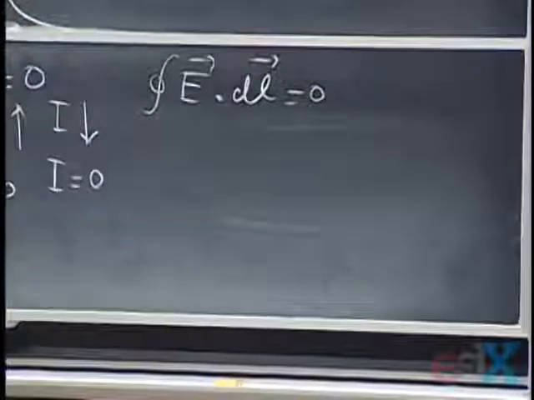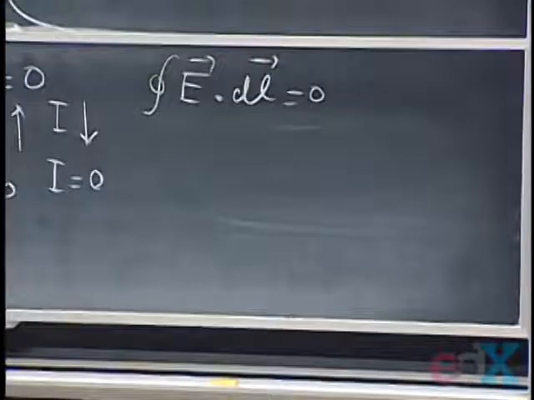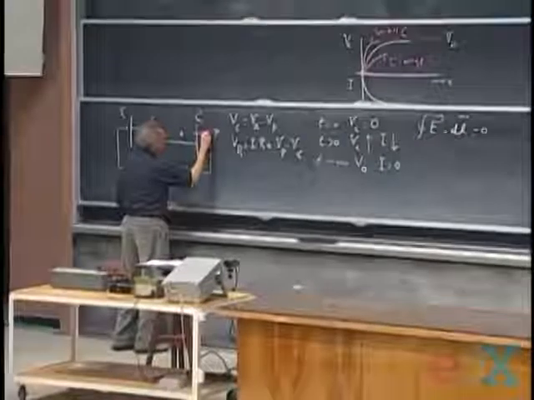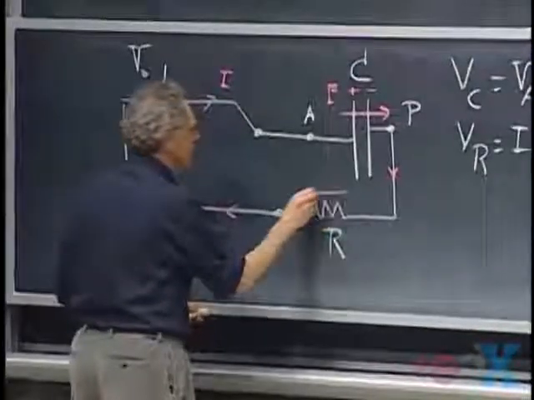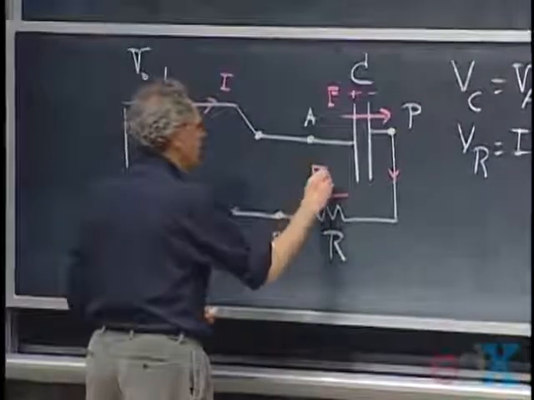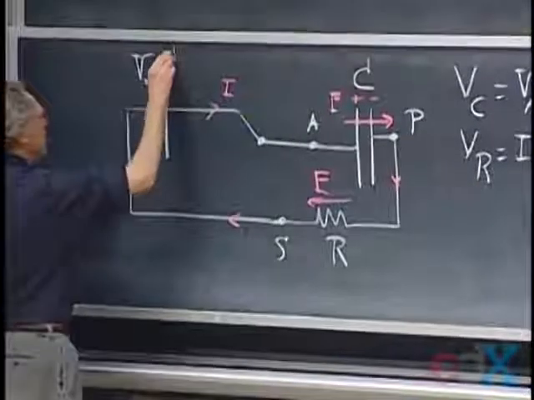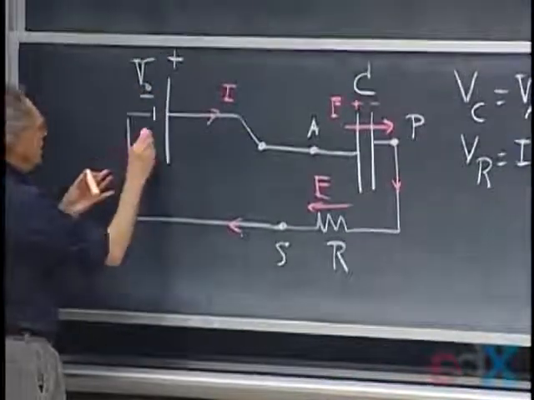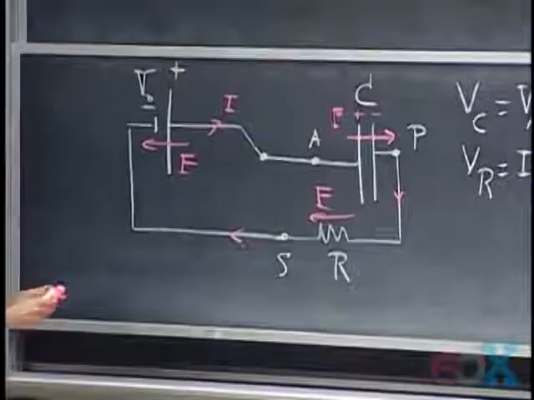There is no magnetic flux change here, we don't have self-inductances. The electric field inside the capacitor is in this direction, from plus to minus. The electric field in the resistor is in this direction, the current is flowing in this direction. And this battery, which has this as the positive side and this as the negative side, inside the battery, the electric field is in this direction.